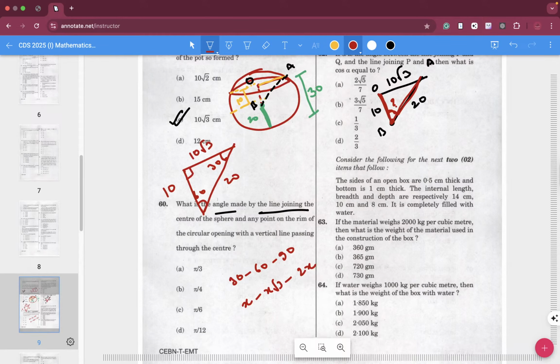So automatically this particular angle at B becomes 60 degree.